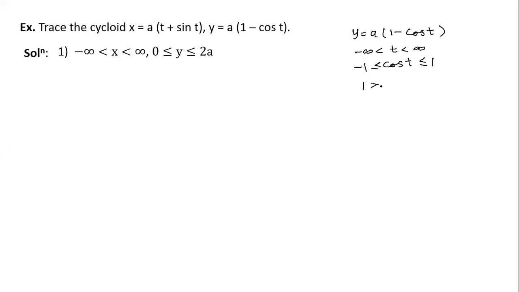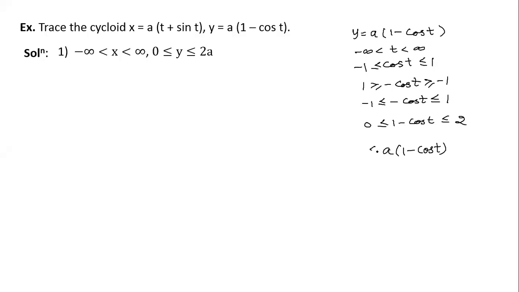So 1 is greater than or equal to minus cos t, which is greater than or equal to -1. Therefore, -1 is less than or equal to minus cos t, less than or equal to +1. Adding 1, 0 is less than or equal to 1 minus cos t, less than or equal to 2, and for a times (1 minus cos t), this will be 0 less than or equal to y less than or equal to 2a.